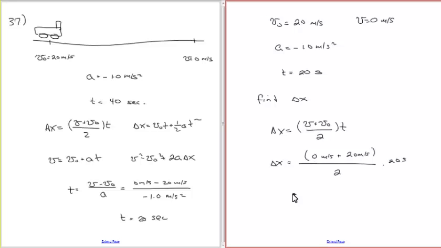And so we get 20 meters per second times 20 seconds divided by 2. And so we get 200 meters. It's meters because we have meters per second multiplied by seconds, the seconds cancel out, and we just have meters. So delta x should be 200 meters.